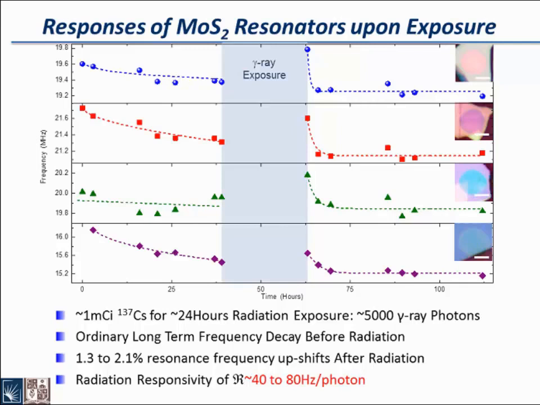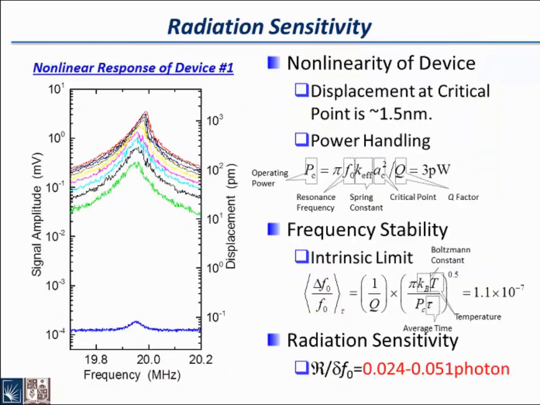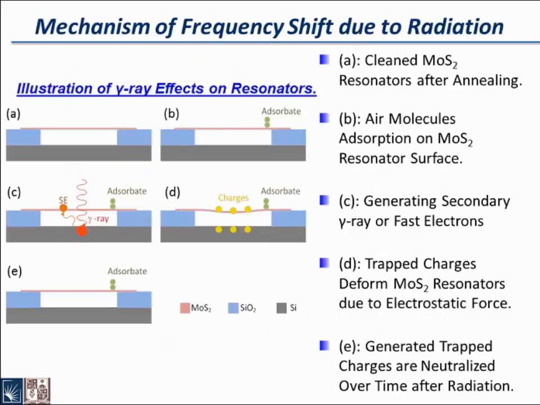You can see that for every device, upon radiation, the frequency goes up dramatically, up to 2%. And then we calibrate, here showing one of the devices. The device has these physical properties. The theoretical radiation sensitivity is 0.05 photon, and the photon responsivity is also very high.